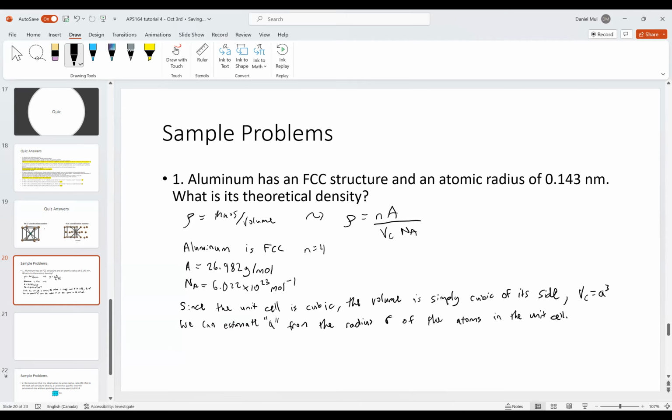In FCC, the atoms touch across the diagonal on a face. From earlier in the tutorial, you should remember how we calculated it, but we got that a is 2 root 2 R.